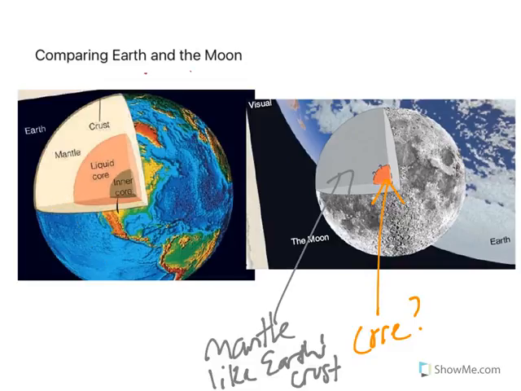That is, it's more brittle. Now the moon has a very low density, and that indicates that it doesn't contain much iron. So we're not going to find some kind of liquid metallic core or some kind of solid metallic core in the center of the moon.